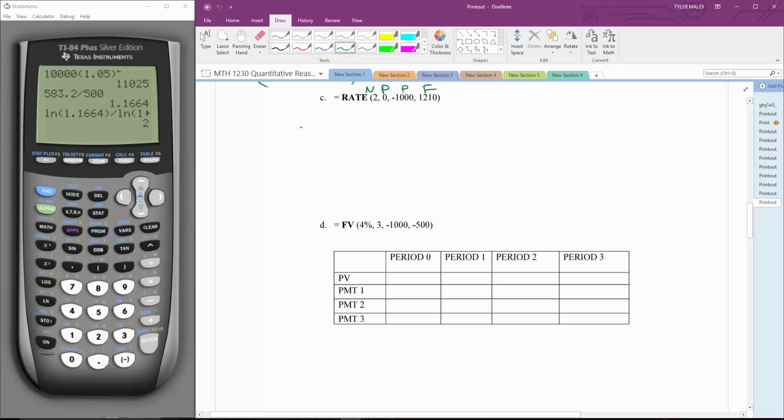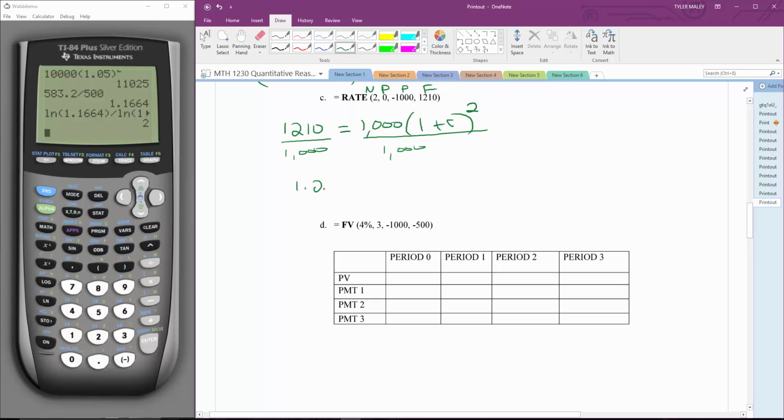So plugging this into the equation I've been working with, I would have future value, which is 1210, equals my present value of 1,000 times 1 plus R, raised to the number of periods, which is 2. So we need to solve for R. I can divide both sides by 1,000.